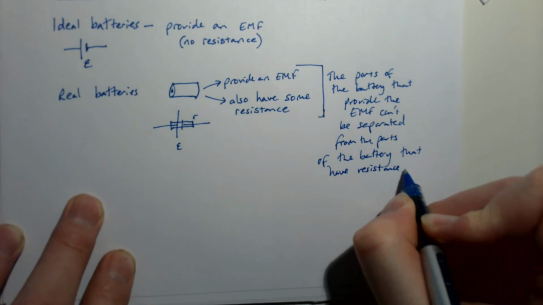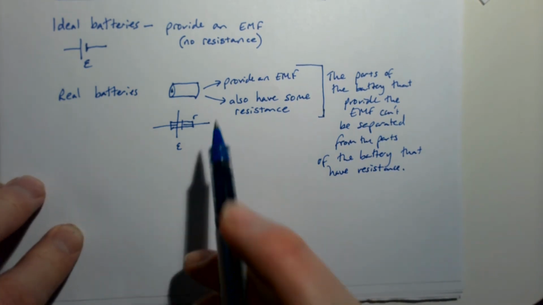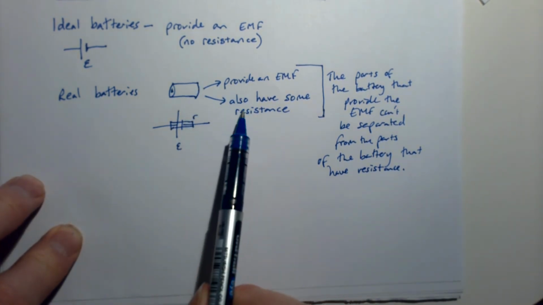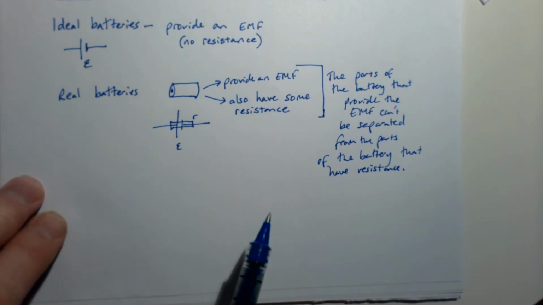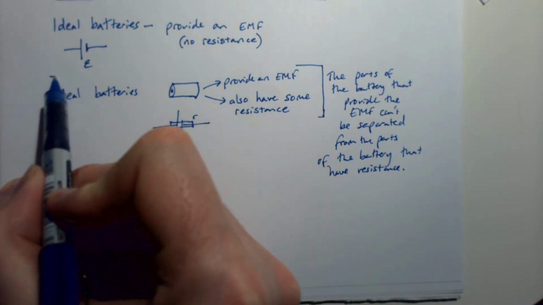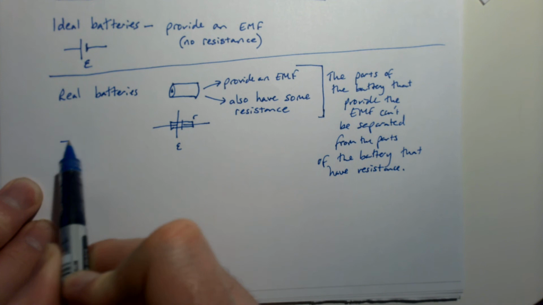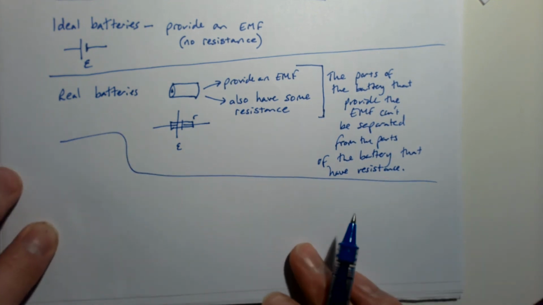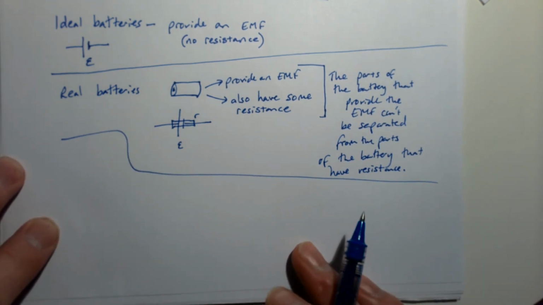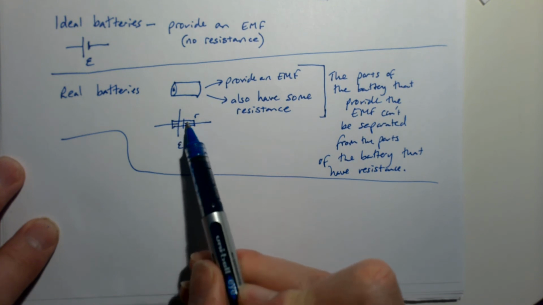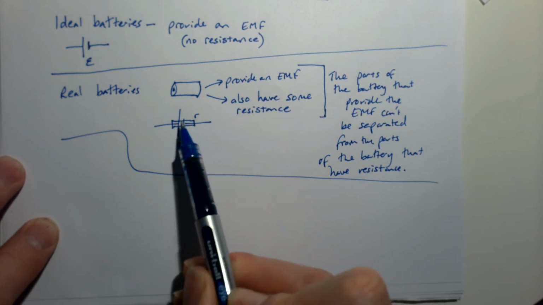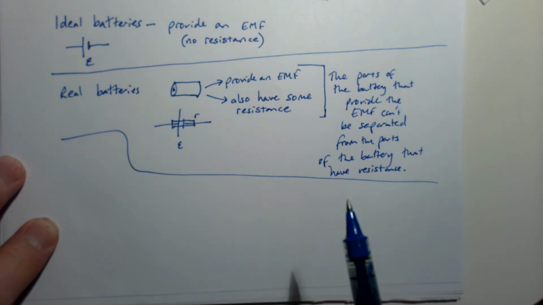The battery is an entire thing, and it provides an EMF, and it also has some resistance. Okay. However, that is quite complicated, because how do you analyse this? It's got an EMF and it's got resistance as well, kind of all in the same thing.